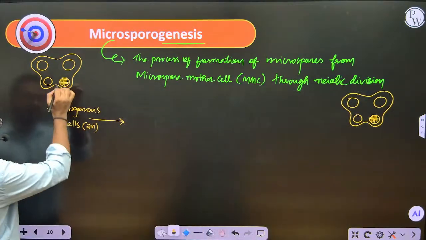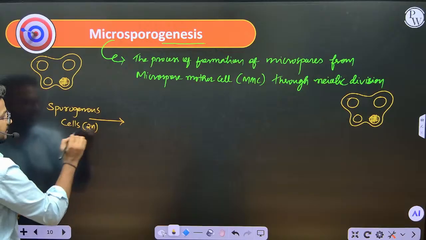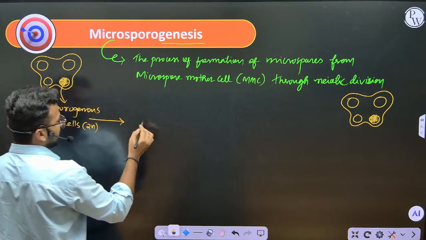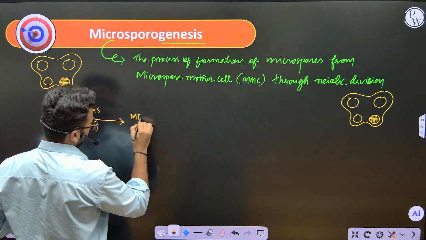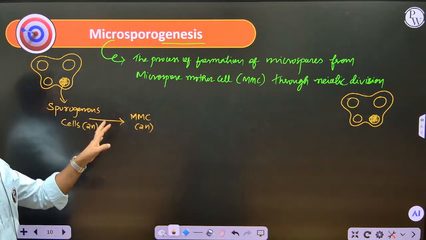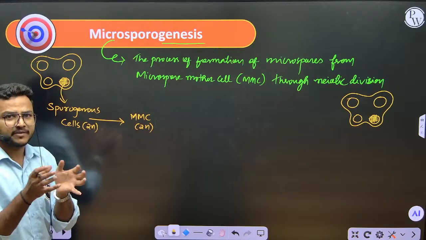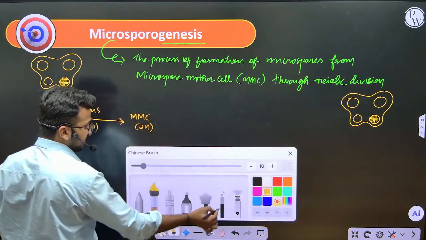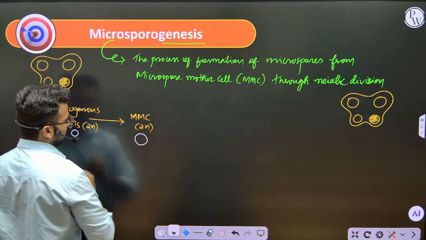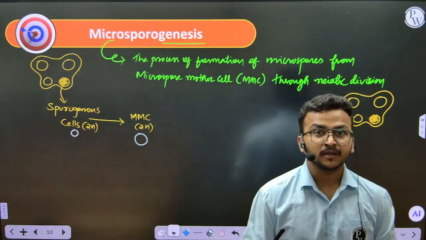Initially it was only sporogenous tissue, with all cells diploid in content. This sporogenous cell will become the microspore mother cell, MMC, which is 2n. The same cell acts as the microspore mother cell, and it increases in size. Initially the sporogenous cell was small, and the microspore mother cell becomes larger because it is getting prepared for cell division.